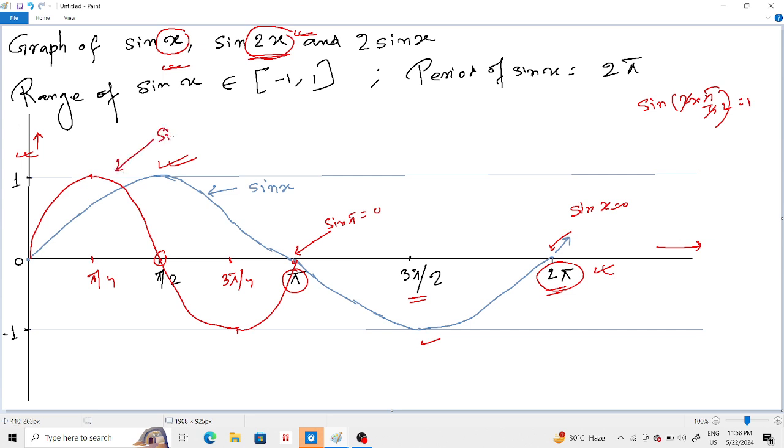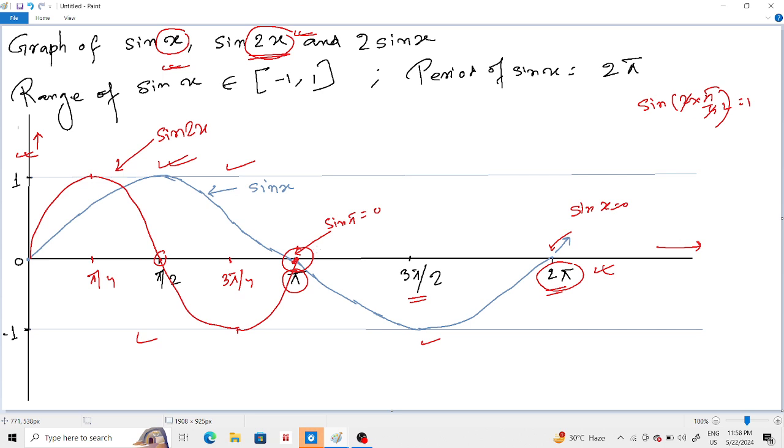However, the height of sine x and sine 2x, both of them are the same. It is touching this 1 and minus 1. So sine 2x is going to reach the same heights as sine x, but at half the distance on the x-axis. Now if you notice, sine 2x is going to repeat its design after pi, right?